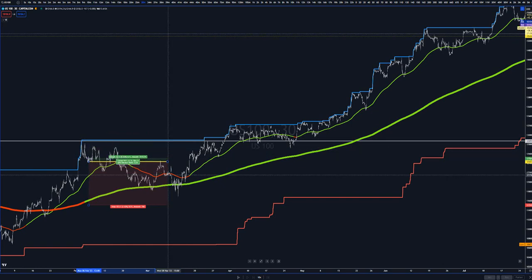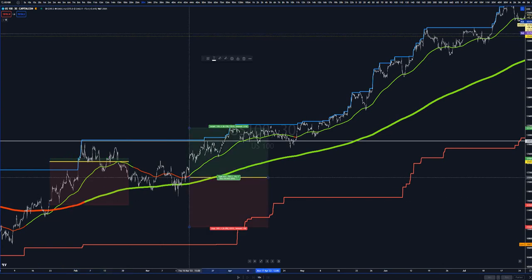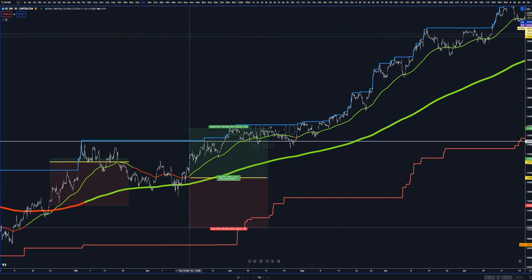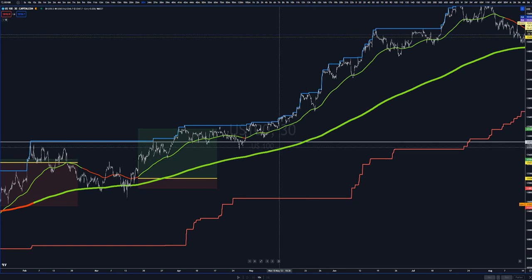The first trade here was a minus, then the next one was here, and we took profit at around here.